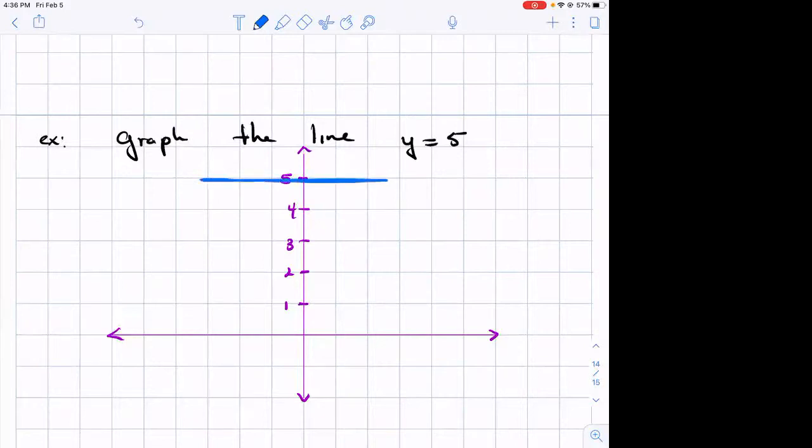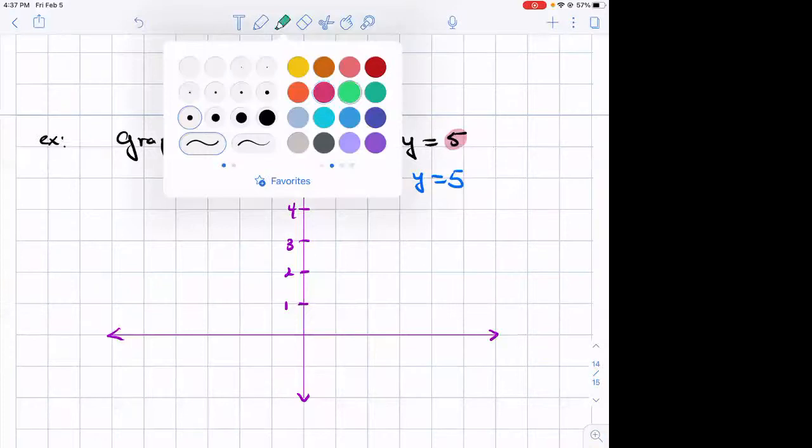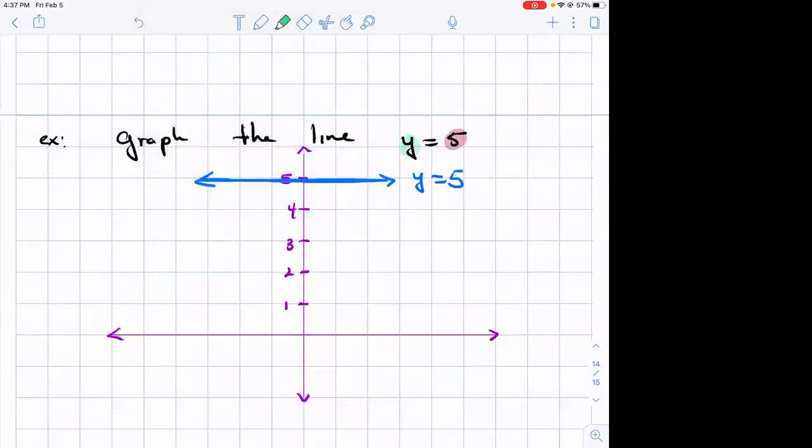This is the line y equals 5. Basically, when you see y equals 5, it's telling you to look for 5 on the y-axis and draw a horizontal line there.